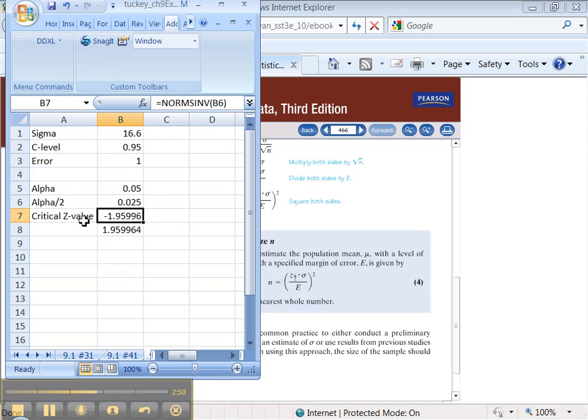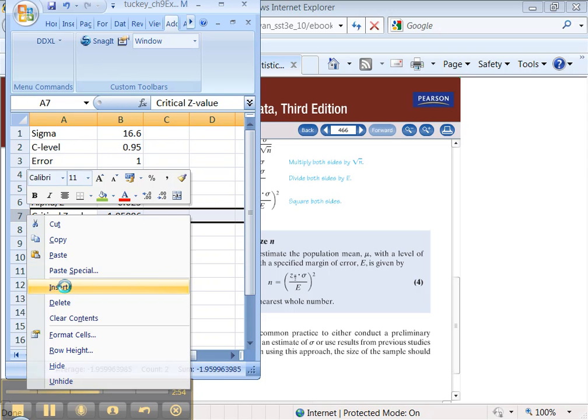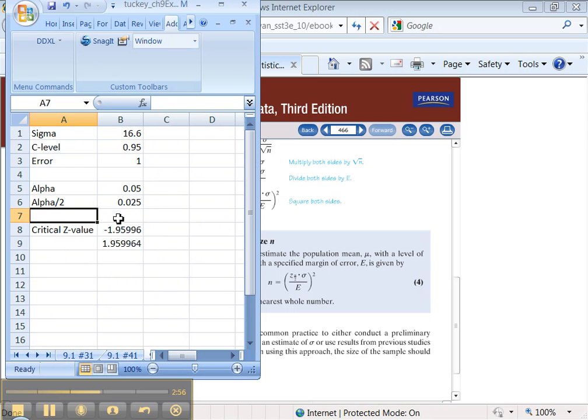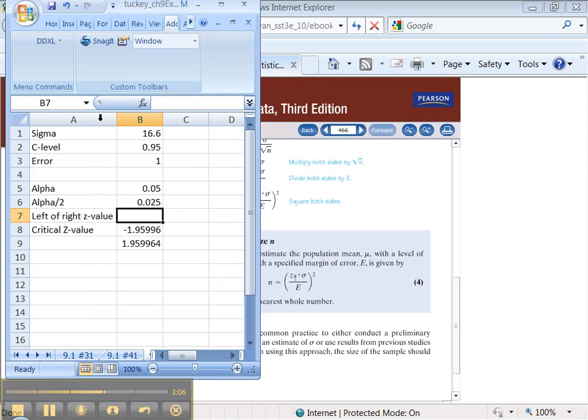Or you could take a step away. Here, let me insert here. And you could find the area to the left of the right Z value. Look, if your left-hand tail is 0.025, then your right-hand tail is 0.025. So the area to the left of the right-hand tail is 1 minus this value right here.